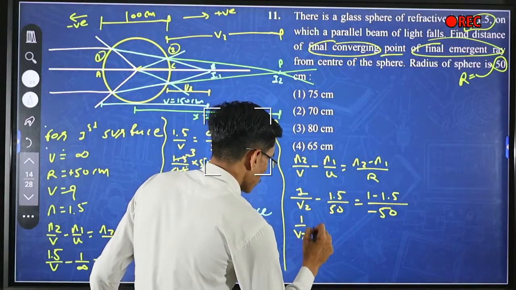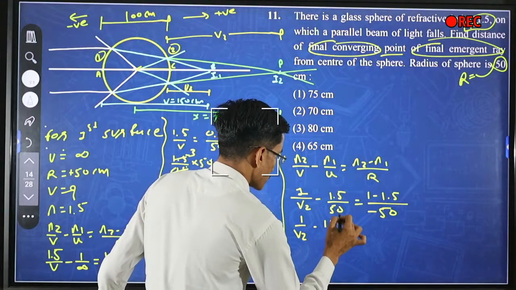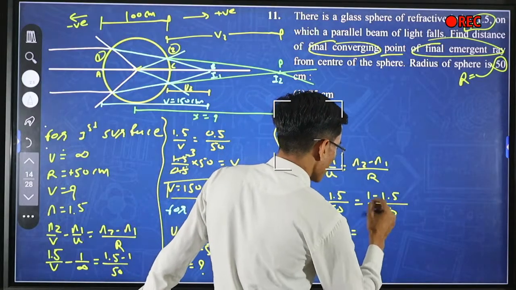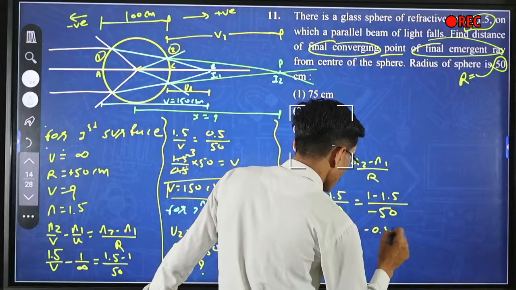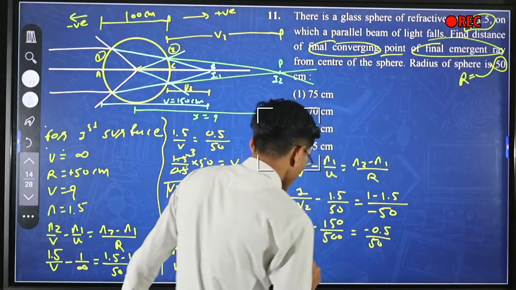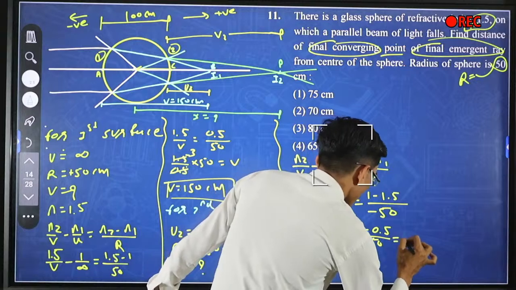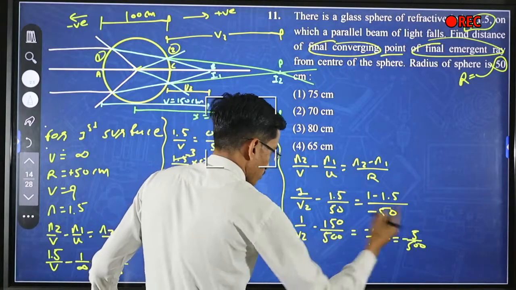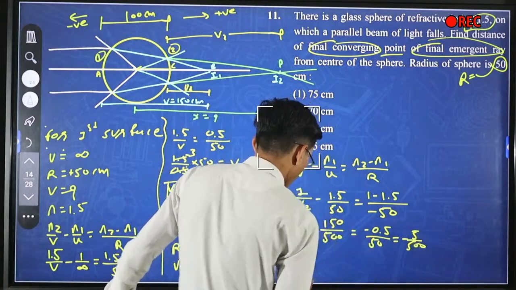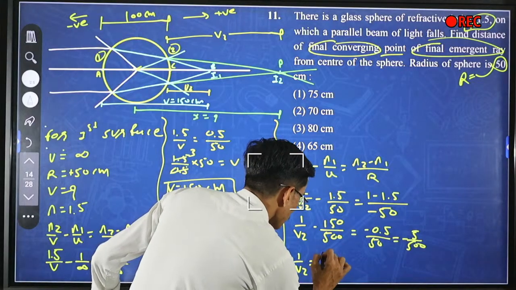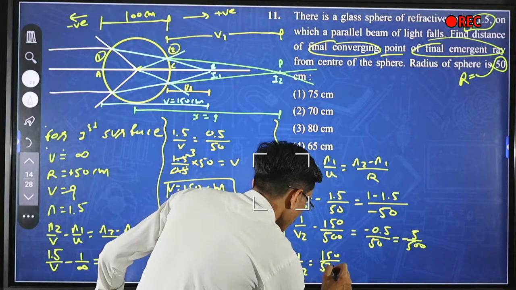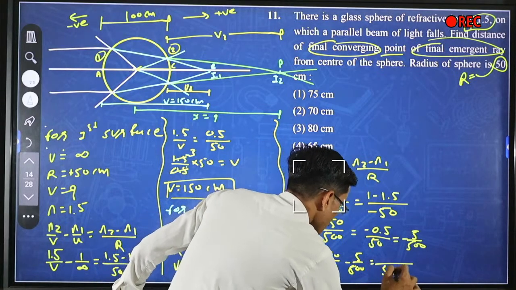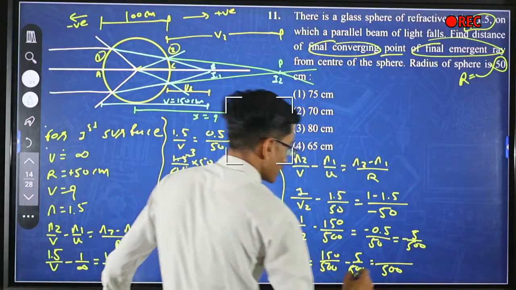So 1 by v2 minus 150 divided by 500 is equal to minus 0.5 upon 50, let us say minus 5 by 500. Move this term to the right side. So 1 by v2 is equal to 150 by 500 minus 5 by 500. Taking LCM as 500, 150 minus 5 is equal to 145.